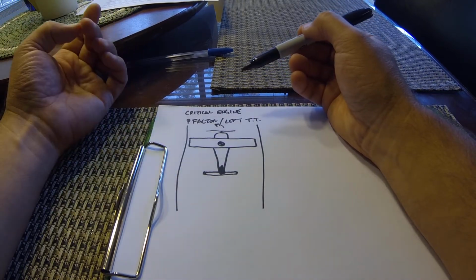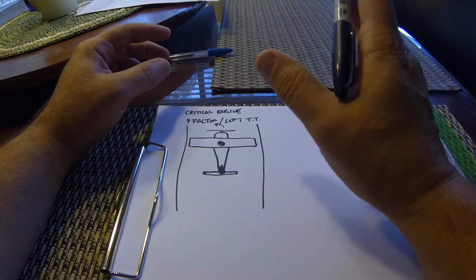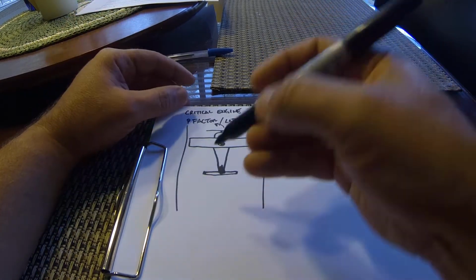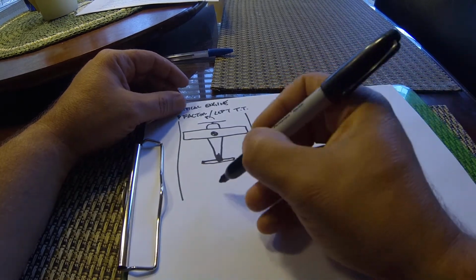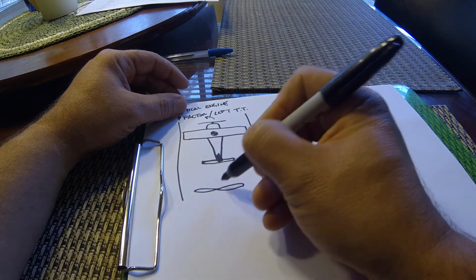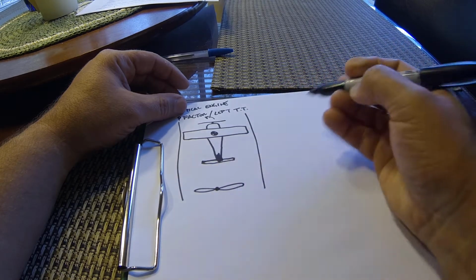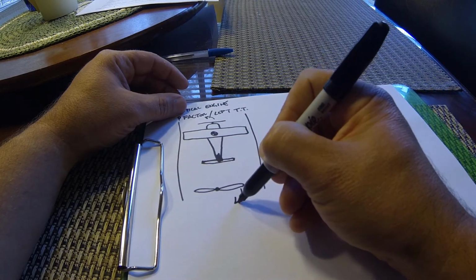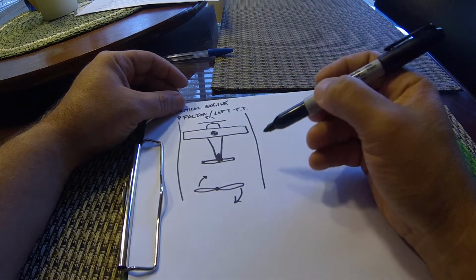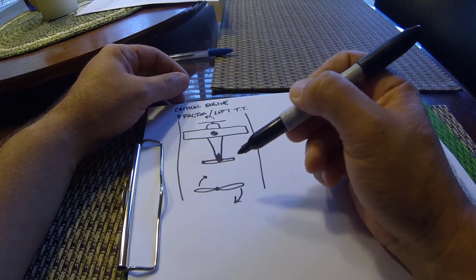Spiraling slipstream. As we view the propeller from the cockpit, it turns to the right. So let me draw a propeller. It rotates clockwise, so the propeller turns to the right.